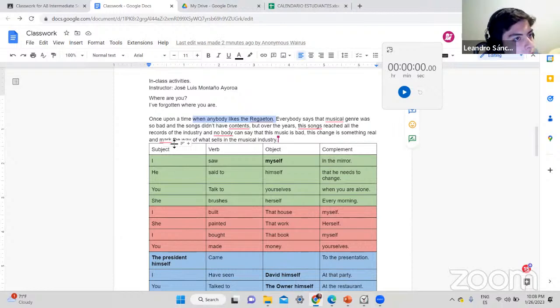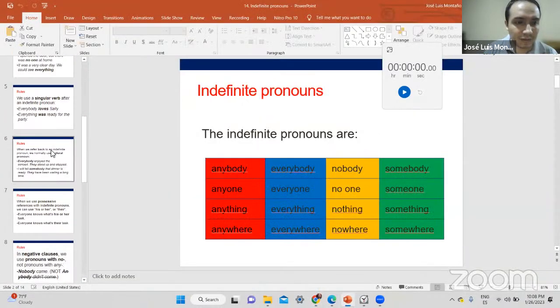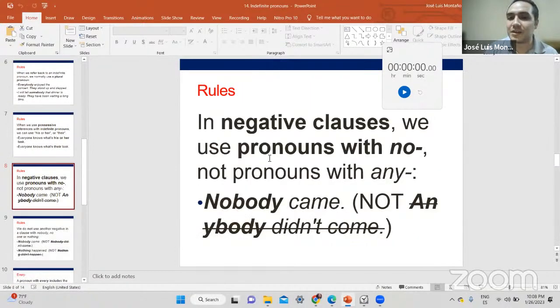Okay, so there's a rule actually, that's the rule that we didn't see yet. That is this one over here. Okay, but so you didn't know that one, so it's not a mistake. It's this one, that in negative clauses, you're going to be using nobody. You're not going to use any when it's at the beginning of the clause.